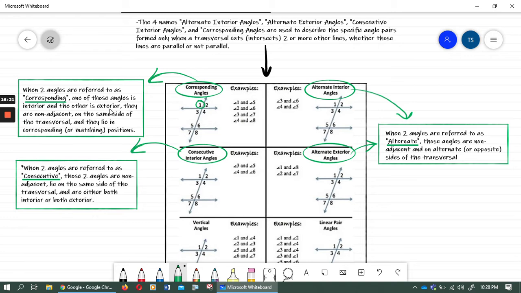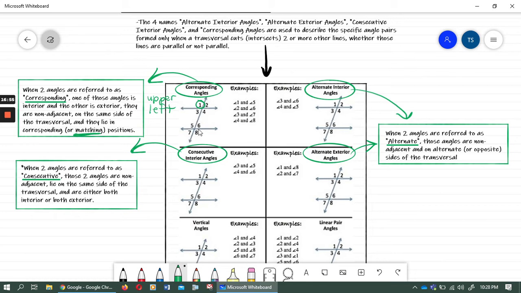When we say matching positions, guys, the position of angle 1 in its little set of angles is like the upper left. So compared to these 4 angles that angle 1 is with, the position that angle 1 is in for that set of angles is the upper left.